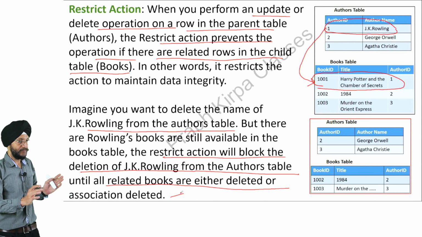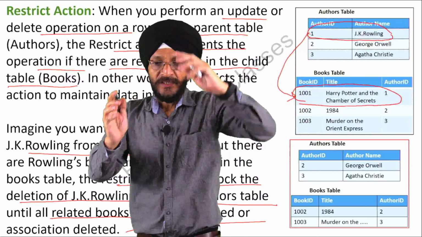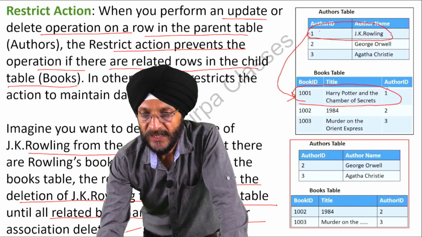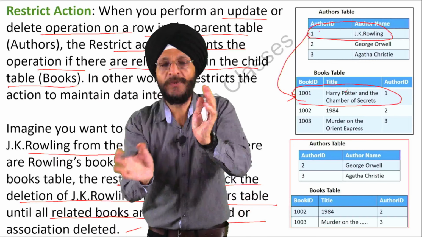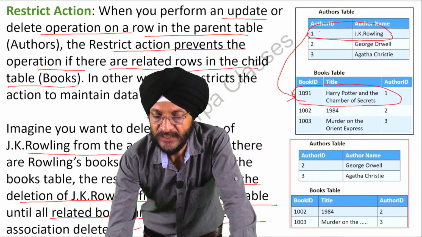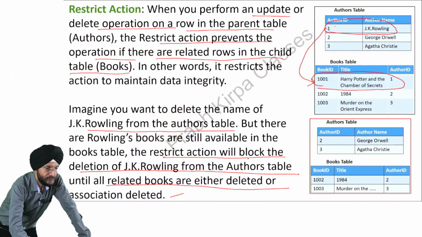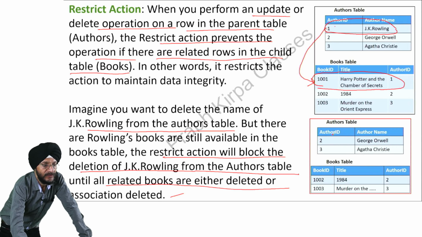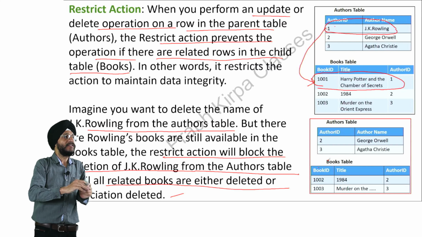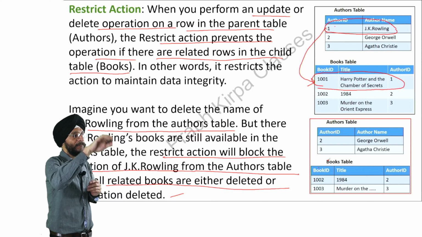That is, either the relationship between this author and the books table will have to be removed, the relationship should not exist in the system, or firstly we will have to remove the books from the books table. Only after that the system will allow the deletion of the author's name.